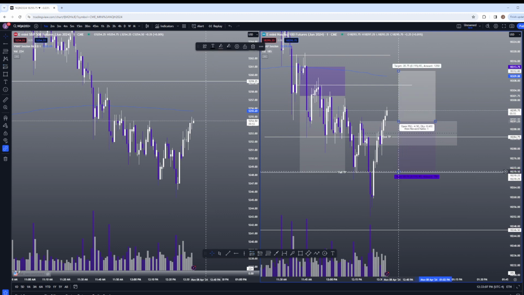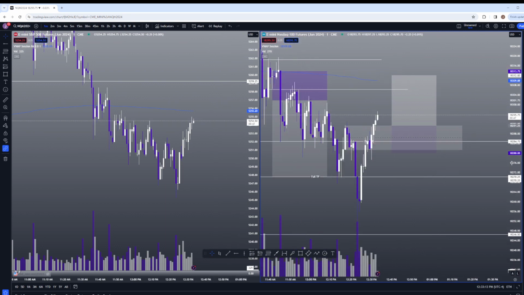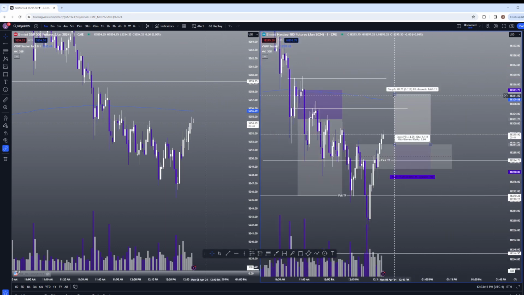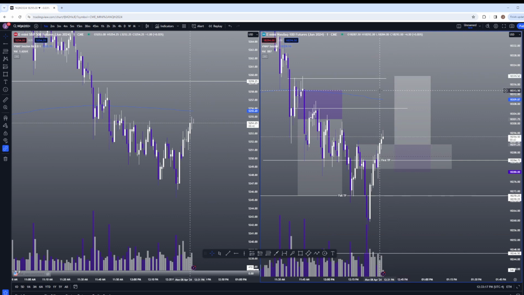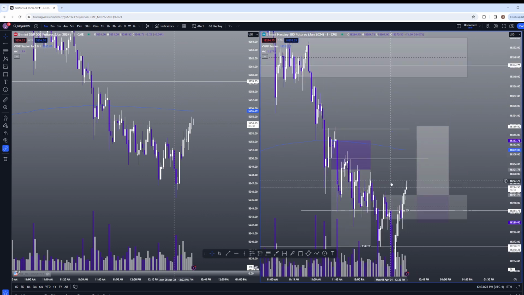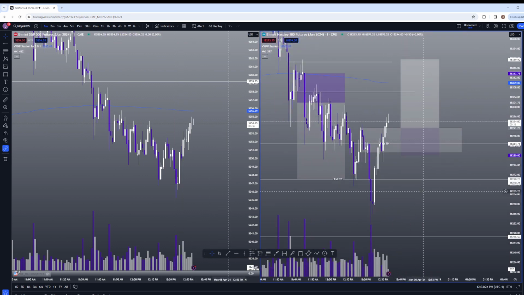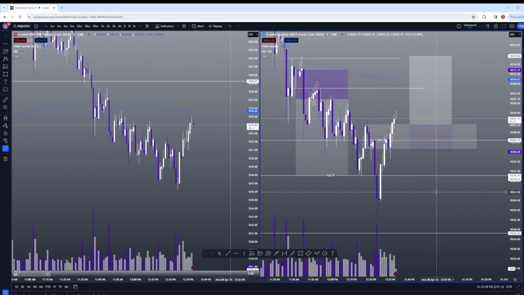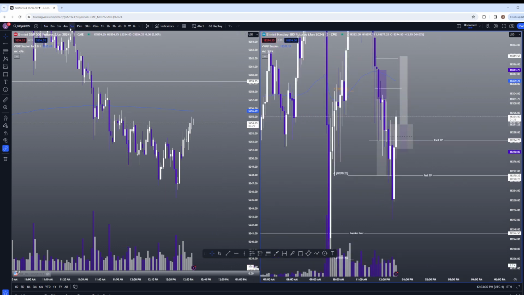So now, again, I don't love my 1 minute breakers as much, but we could still see the long step back in. I target these highs, target all the way back up to our 5 minute breaker. The 1 minute breaker structure, like I said, is not as strong as a 5 minute or a 15 minute.